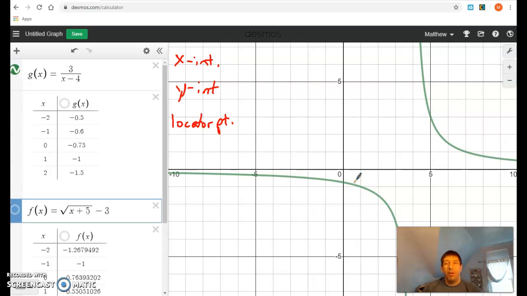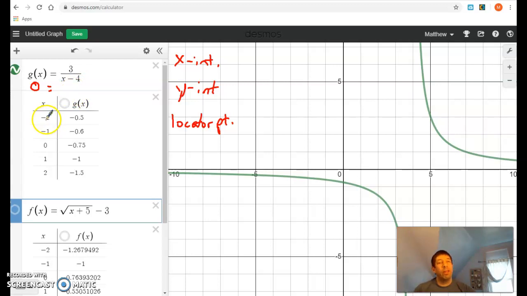But if we just think about what an x-intercept is, an x-intercept means that the height of your graph, your y value, is at 0. So if we think about our equation over here, if we try 0 for a y value, is there anything that we could divide 3 by to get 0? And the answer is no.